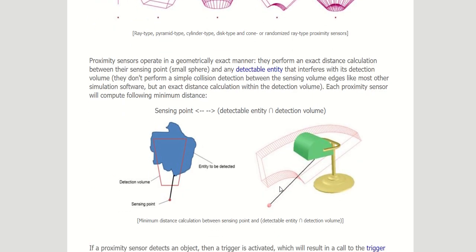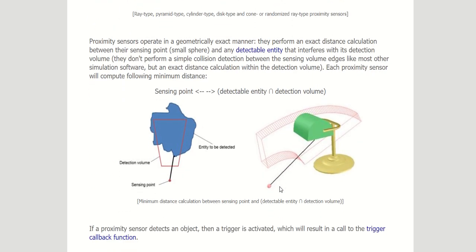So the proximity sensors operate in a geometrically exact manner. They perform an exact distance calculation between their sensing point, for example, let's take a small sphere, and any detectable entity that interferes with its detection volume. I'm repeating again: the proximity sensors operate in a geometrically exact manner.